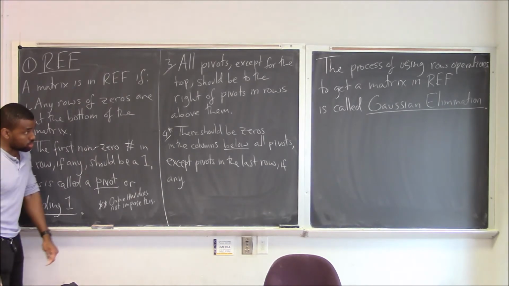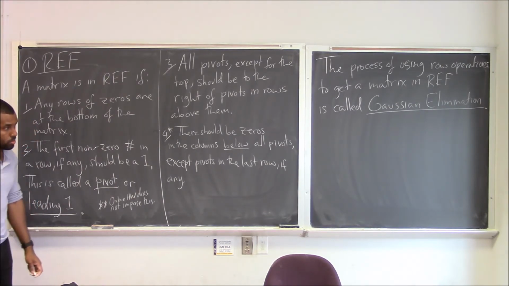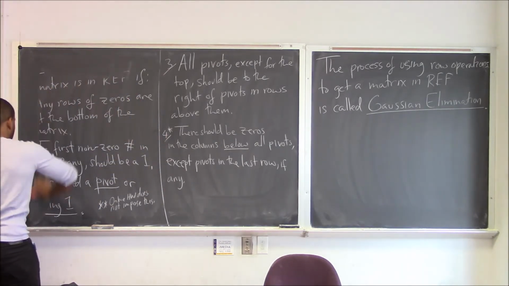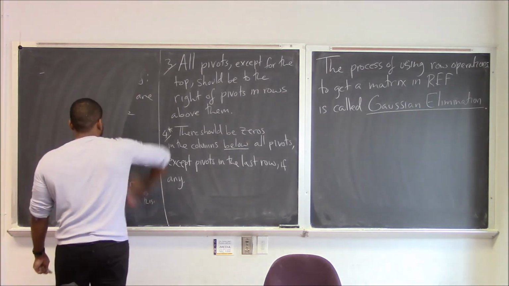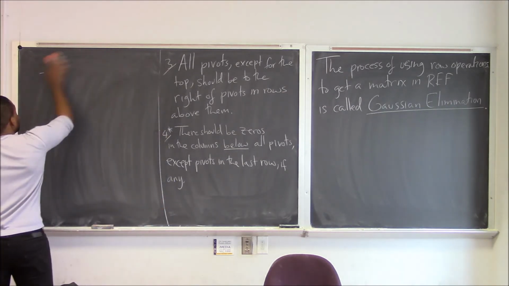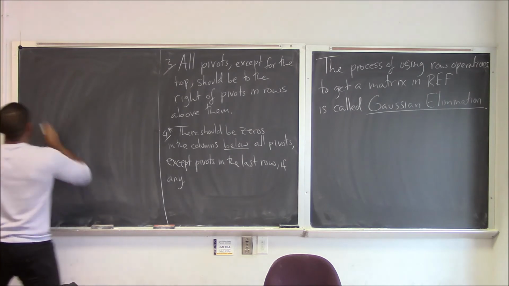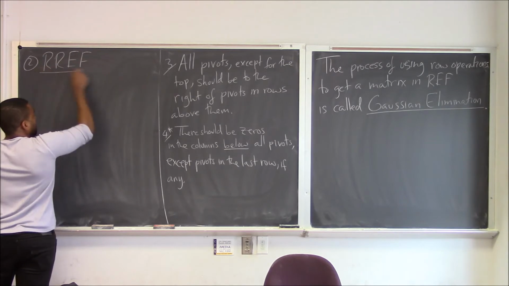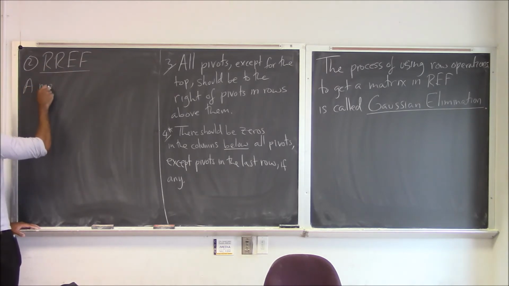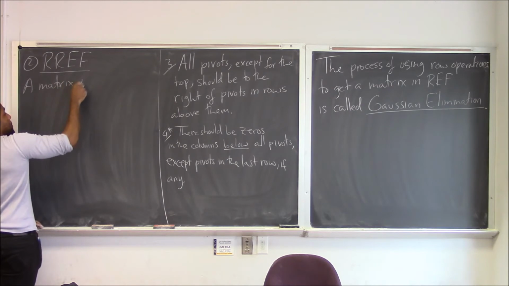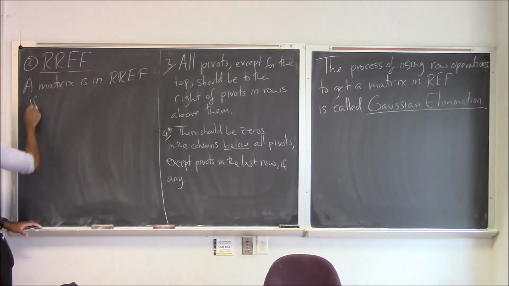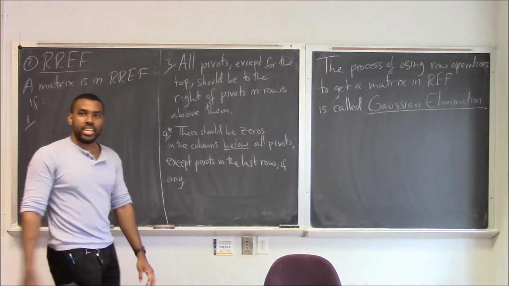Let's talk about another convenient form, the reduced row echelon form. So it's like going to row echelon form, but you take it a step further, right?